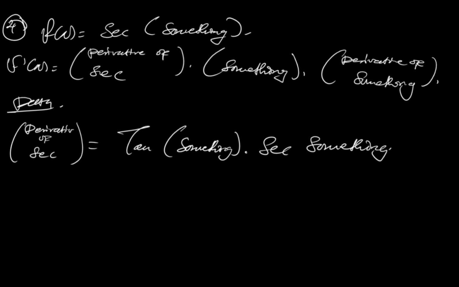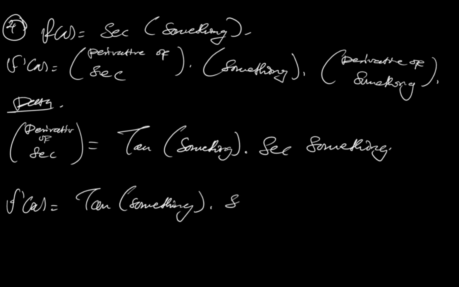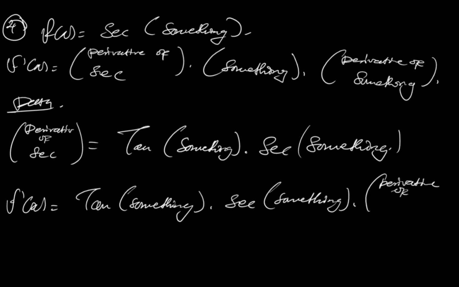So basically, the derivative will then be f prime of x equal to tan something times sec something times the derivative of something. The something here is omitted.